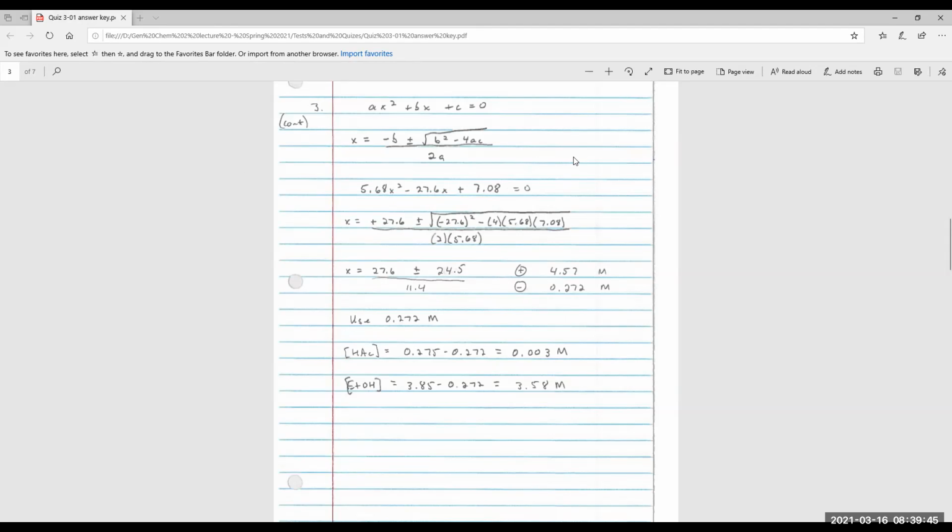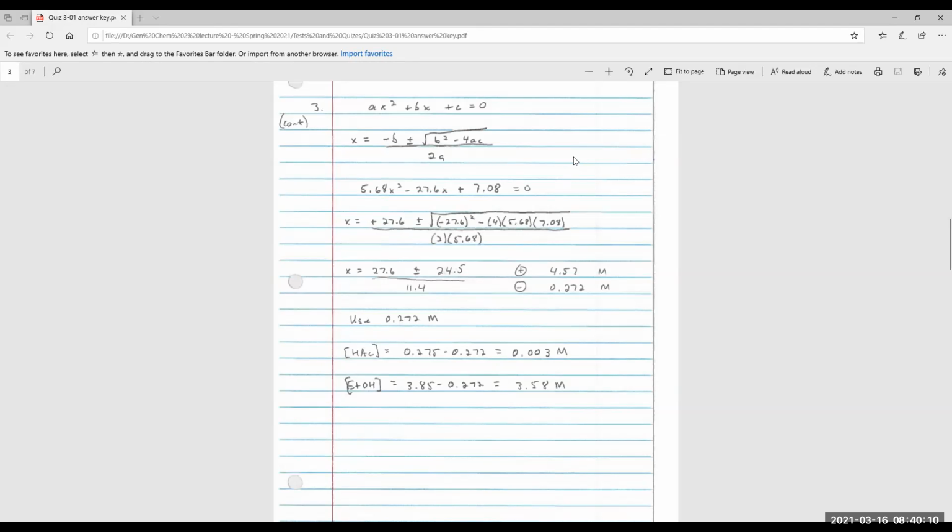I can plug those values in, then go ahead and solve. And remember, with quadratic equation, we have that plus or minus. So we do one solving with a plus, one solving with a minus. The solving with it plus is 4.57. The solving with it minus is 0.272.